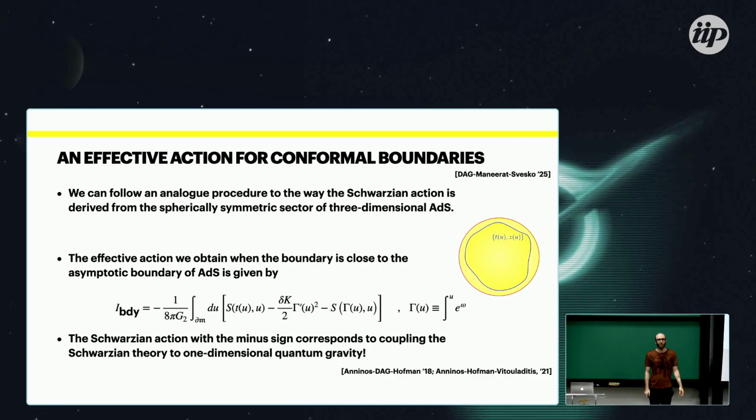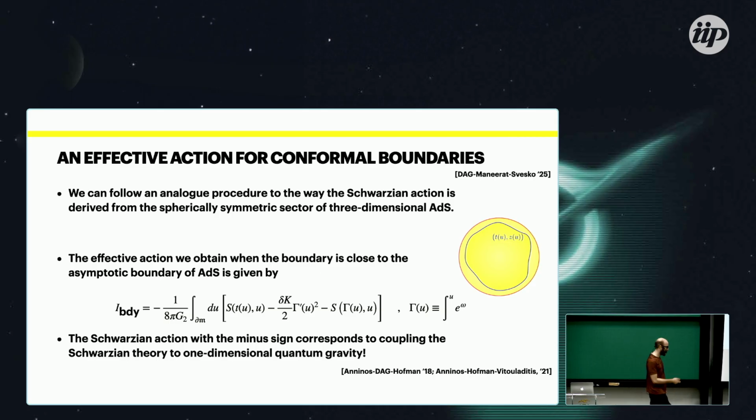The consequence of doing that is finding this action that has another Schwarzian, but with a negative sign. And we found this action when we were looking at these de Sitter geometries in 2 dimensions for different reasons, and then Dio, Diego, and Statis analyzed this more closely in a different paper.